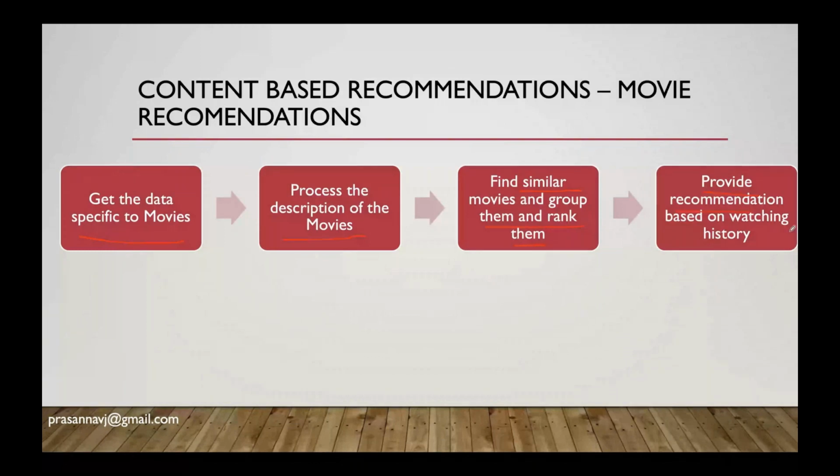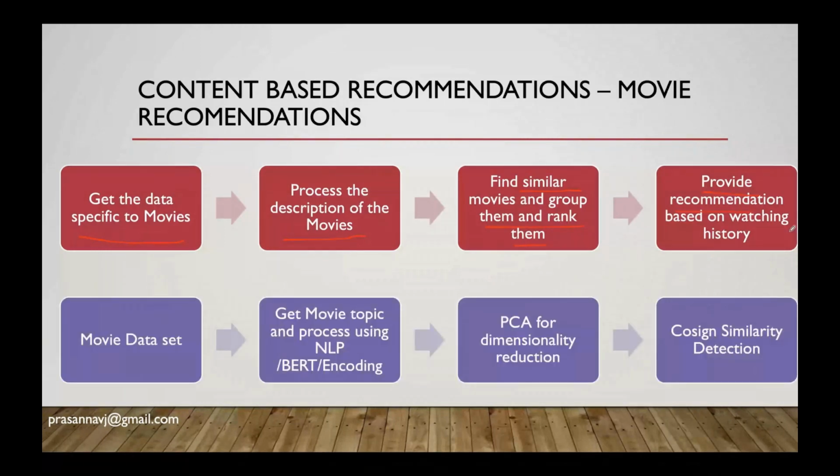To do that, we're going to take a movie data set from a programmatic perspective. How do we achieve it? You take a movie data set, and the movie consists of a topic which is nothing but the description, and we're going to process them using NLP, a BERT transformer, and we're going to do an encoding of that particular description.